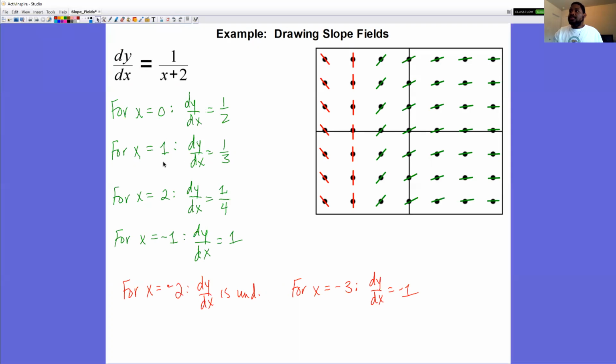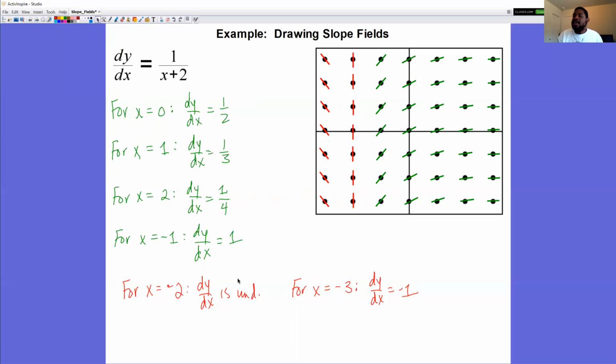For some x values here, you have a slope of 1/2 when x is 0. So that's a positive slope. For x equals 1, you have a slope of 1/3. And you can look at the steepness of this. And for x equals -2, we have an undefined slope. So that means we have to draw a vertical line.